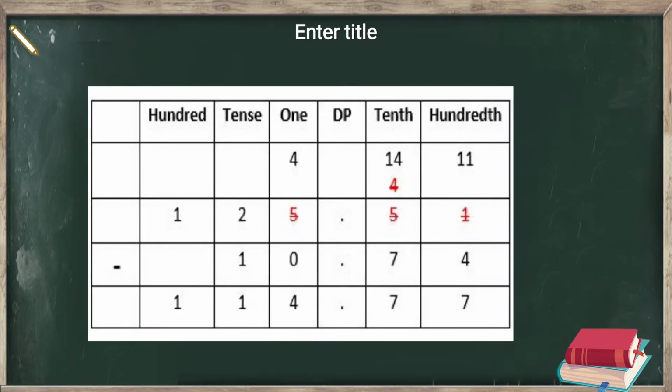Here now it is not 5, it is 4, because we have already given the borrow. So 4 minus 0 is equal to 4. Here 2 minus 1 is equal to 1, and 1 will be written as it is. So 125.51 minus 10.74, the answer will be 114.77.